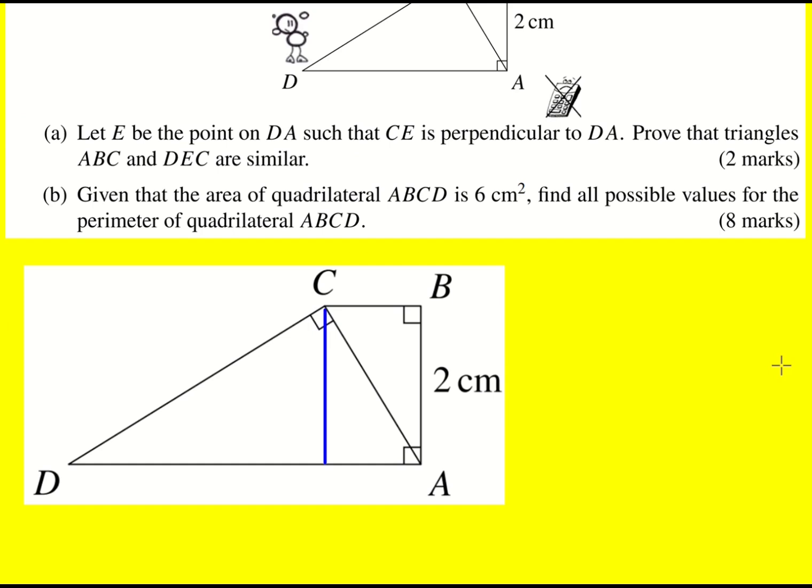Prove that the triangles ABC and DEC are similar. So that is this red triangle, and oh, sorry, I didn't actually label E, did I? And this green triangle.